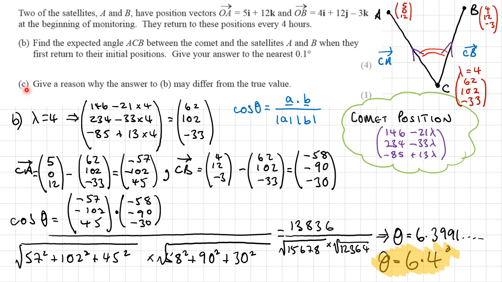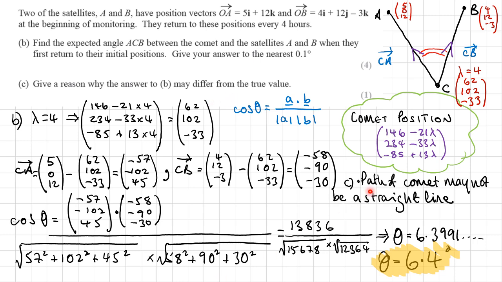And then finally part C, give a reason why the answer to part B may be different from the true value. And really, we can just state that the path of the comet may not necessarily be a straight line. If you know anything about astronomy, when comets pass by stars or planets, they're affected by the gravitational pull of that star or planet, and it actually curves their path.